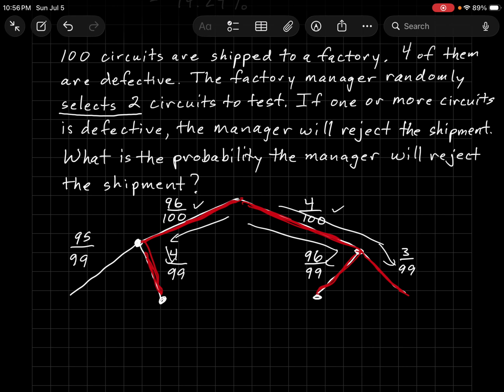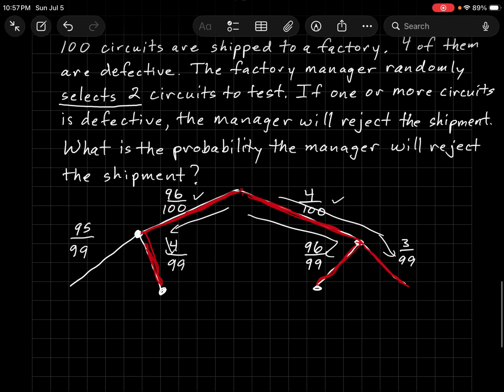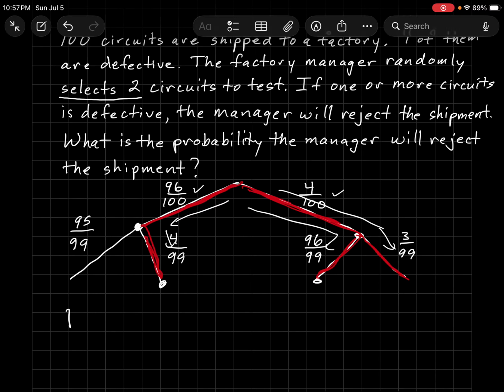If you thought complements, that's what I thought as well. So instead of trying to find the probability that the manager will reject the shipment, let's find the probability the manager will not reject. Because that is the complement of what we want. And the probability of not rejecting is assuming we have 2 good circuits. So the first one good, the second one good, and then multiplying those 2 things together.